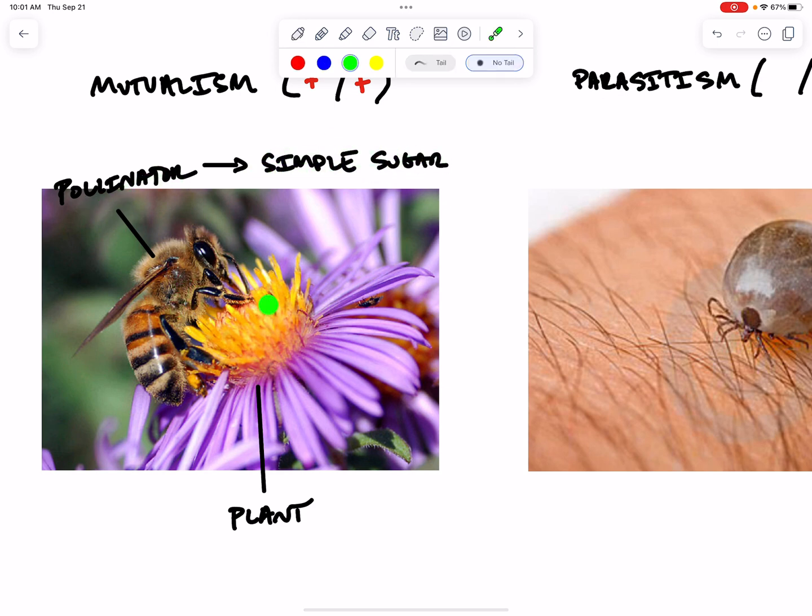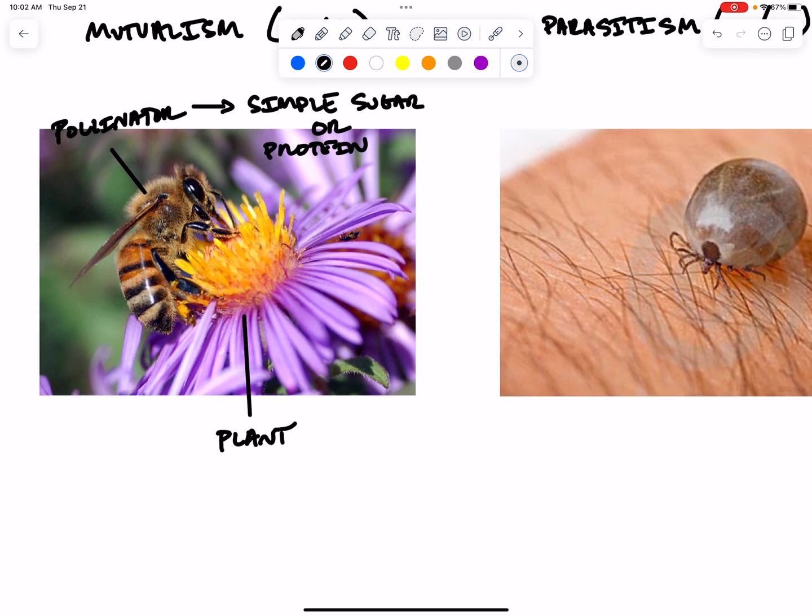It's coming around, it's collecting simple sugars in the form of nectar or maybe pollen, so simple sugars or protein if it's collecting pollen. And so it's getting a free meal. But I guess there's no such thing as a free lunch.